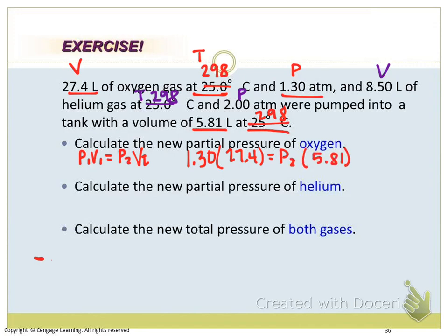Right, everyone see where I'm getting those numbers? The red is oxygen, right at the beginning, so 27.4 liters, 1.3 atmospheres. Both of these gases started out separate, and then they were put into a new container that had a volume of 5.81 liters. So we want to find out the pressure of oxygen only in that new container.